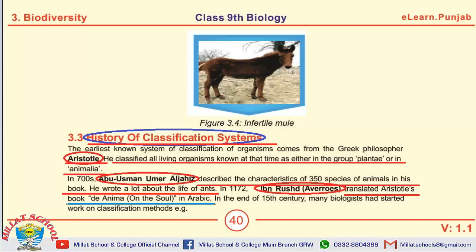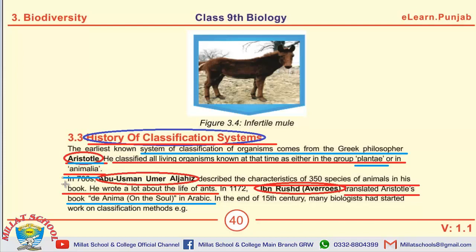There are some multiple choices as well. The first one is about Aristotle. That is, the classification of organism system comes from the Greek philosopher Aristotle. Aristotle divided the organisms into Plantae and Animalia.